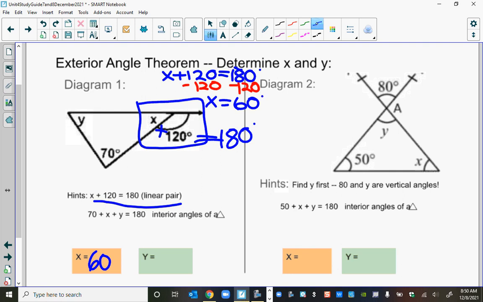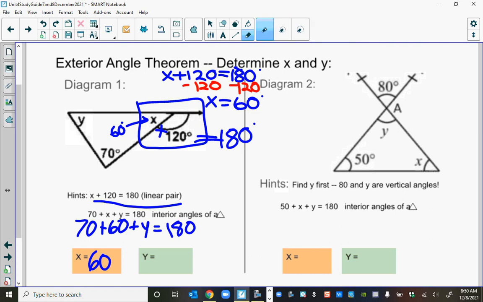We also have a 60. 60 was X. 70 plus 60 plus Y equals 180. I want you all to find that y value real quick.